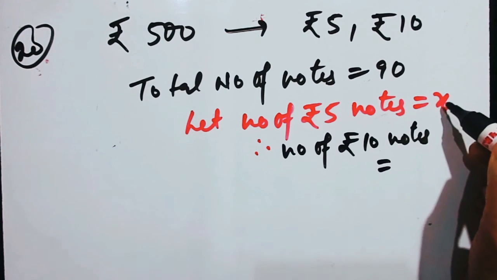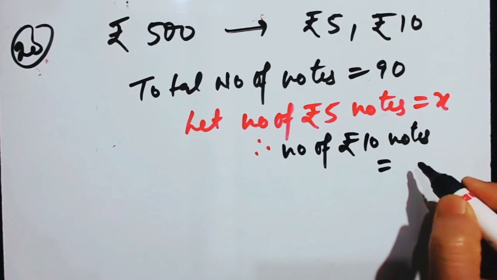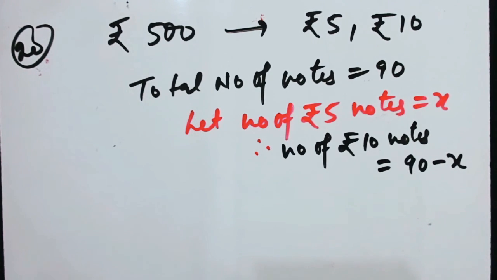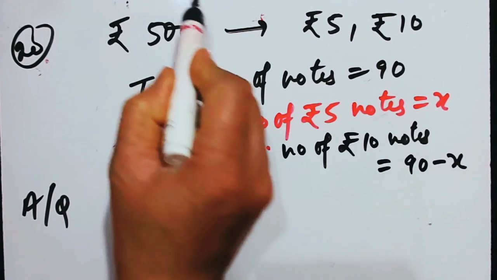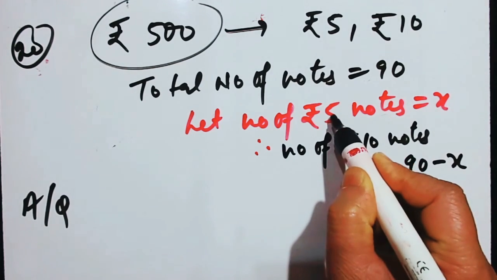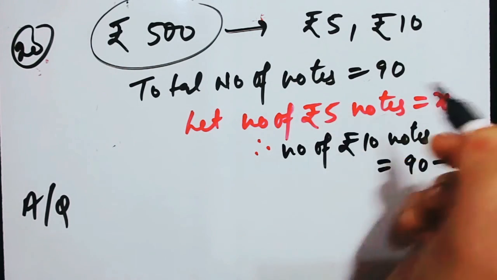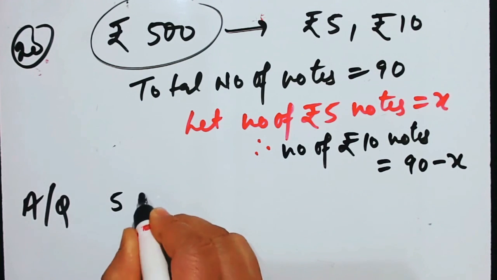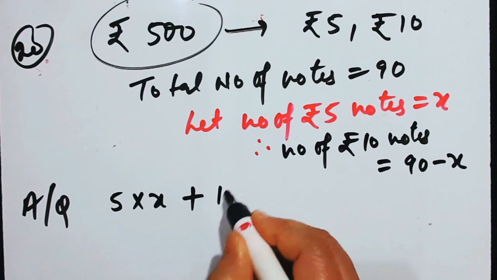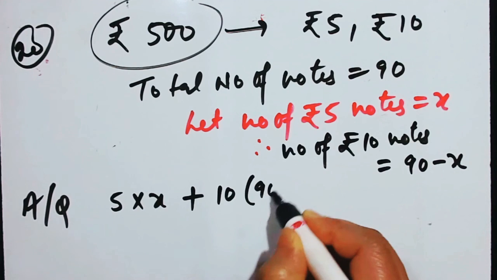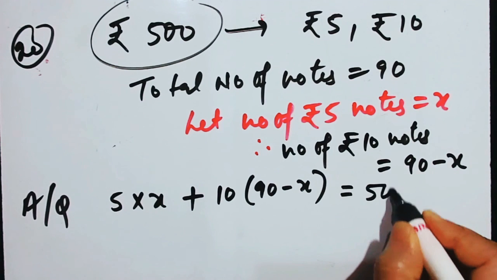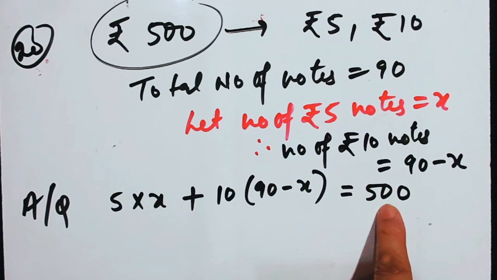Number of x, that is x notes were of rupees 5. So the remaining notes is equal to 90 minus x. Okay. Now according to the question, how much was my total rupees? 500 rupees. That means these x notes of 5 rupees, the total value of 5 rupee notes becomes 5 into x plus the total value of 10 rupee notes becomes 10 multiplied by number of notes 90 minus x, and adding both, what we were given, that was rupees 500.